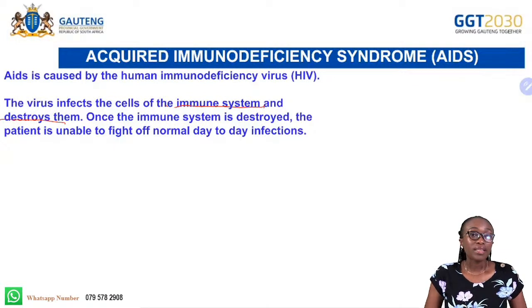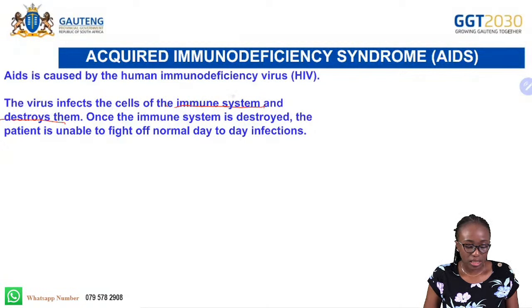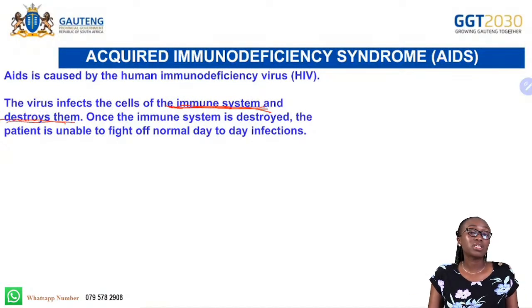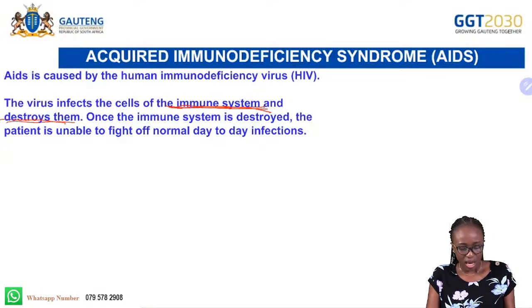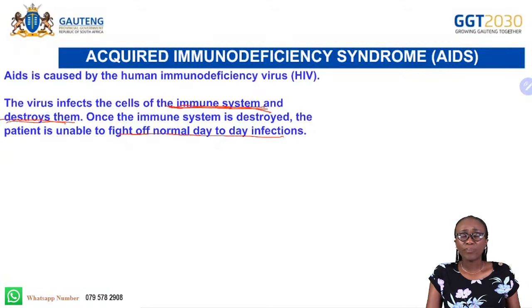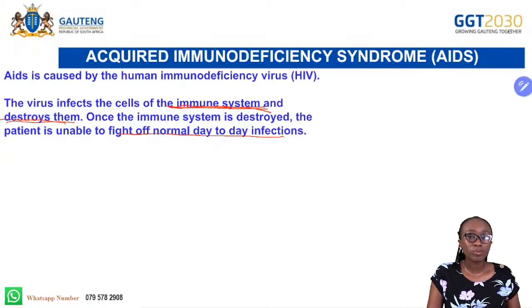So what the HIV virus does is it attacks the immune system and destroys it. After the immune system has been destroyed, the person is left vulnerable. They no longer have a defense system, and they're no longer able to fight off normal day-to-day infections such as a common cold or diarrhea, because now they are left vulnerable.